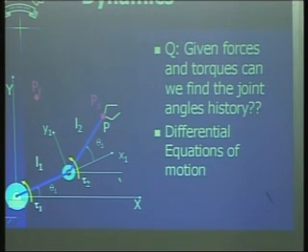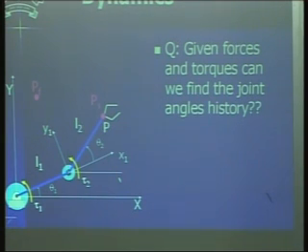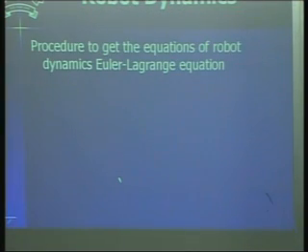We did this using the Lagrange formulation yesterday, and now I'll give you a generalized procedure that you should follow to get these dynamics. This is a very important procedure that you will follow to get robot dynamics.